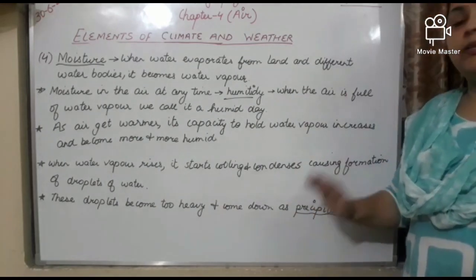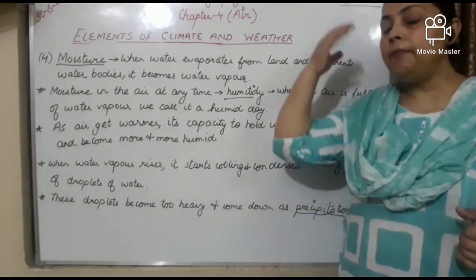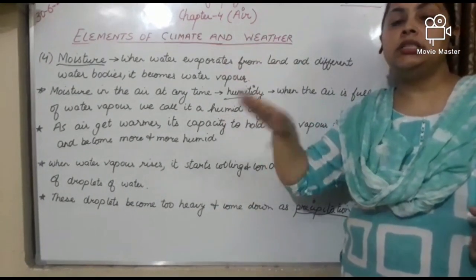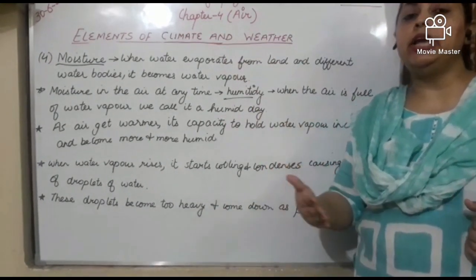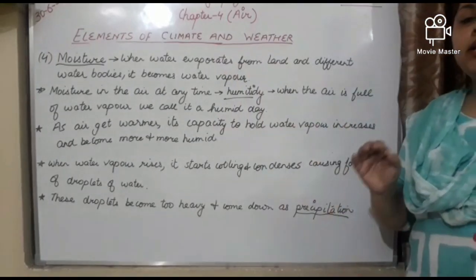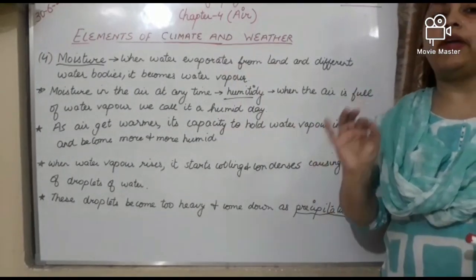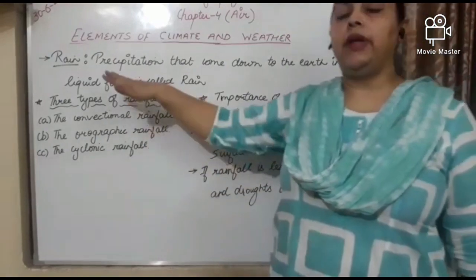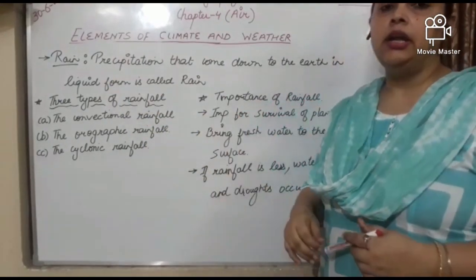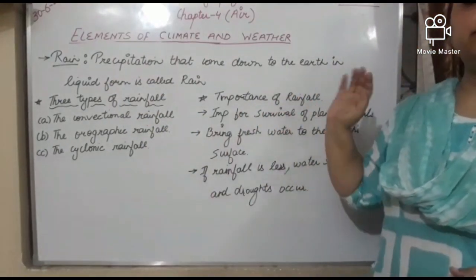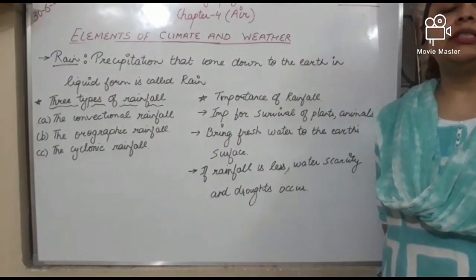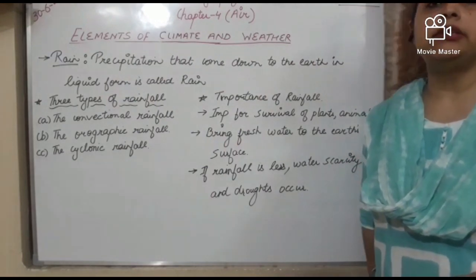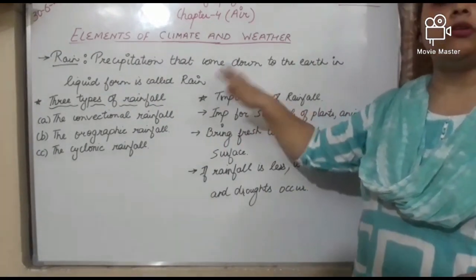When this precipitation comes down to the earth's surface in liquid form, it is known as rain. Okay, the last topic is rain. As we have already studied, the precipitation that comes down to the earth's surface in liquid form is known as rain. So this will be the definition of rain.